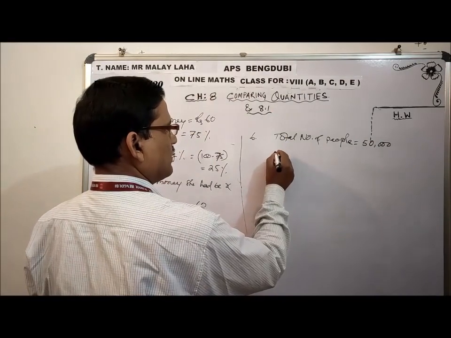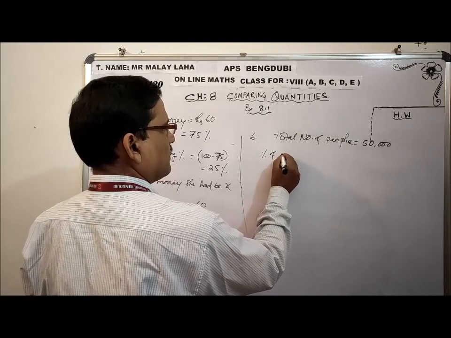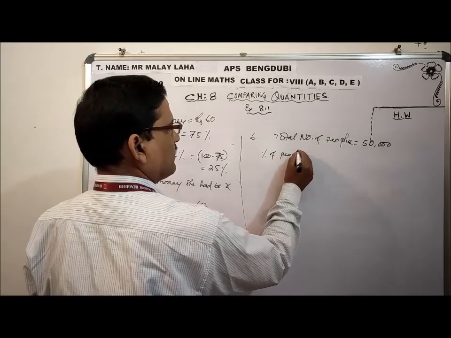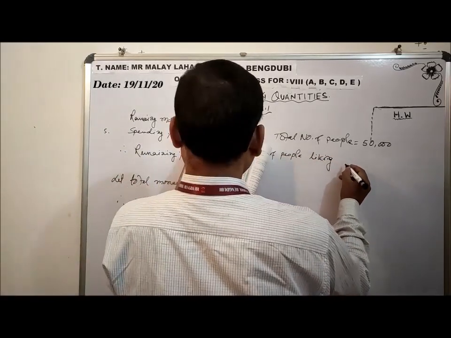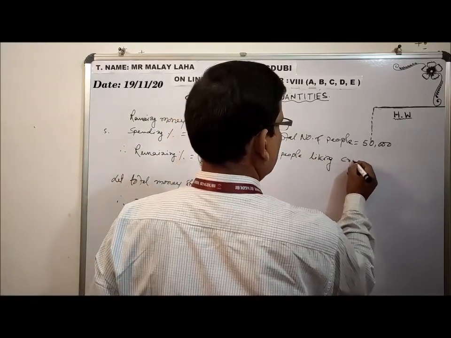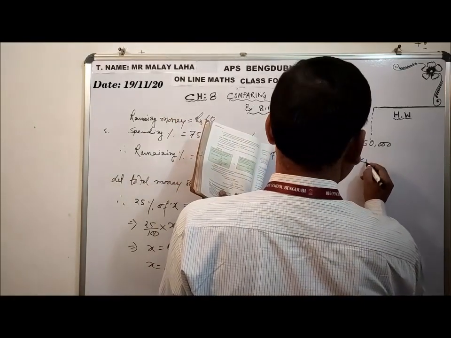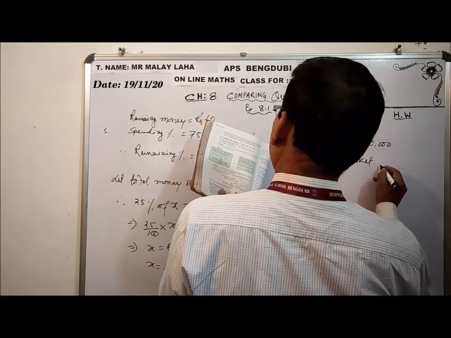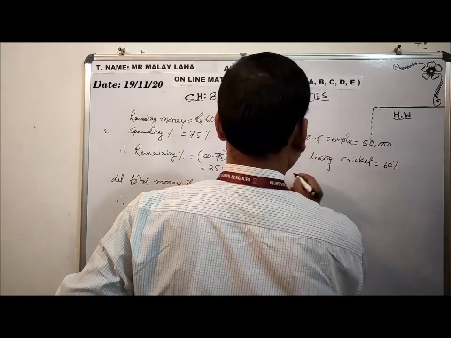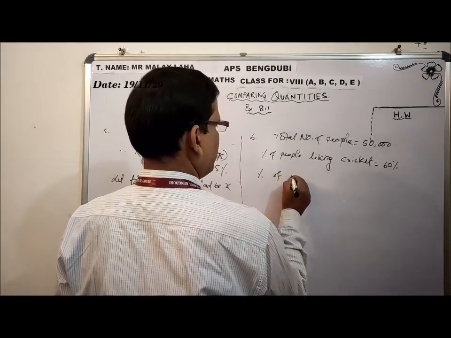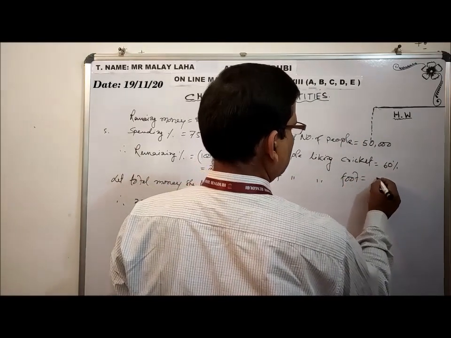Percentage of people liking cricket equals 60%. Percentage of people liking football, 30%.